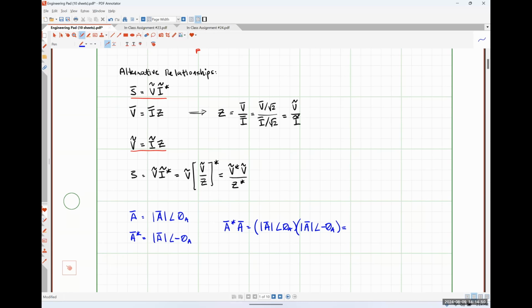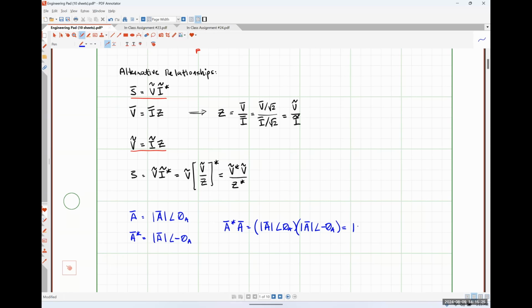You should be able to test this out in your calculator just by putting in a random magnitude and a random phase angle. Put in something easy like 5 angle 10 degrees and 5 angle negative 10 degrees, and multiply those two together and tell me what you get. You just get the 5 multiplied by itself, the angle just goes away. Exactly right. Thank you for that, Haley.